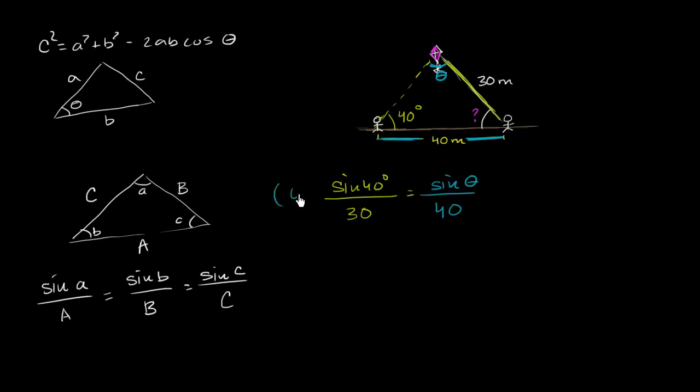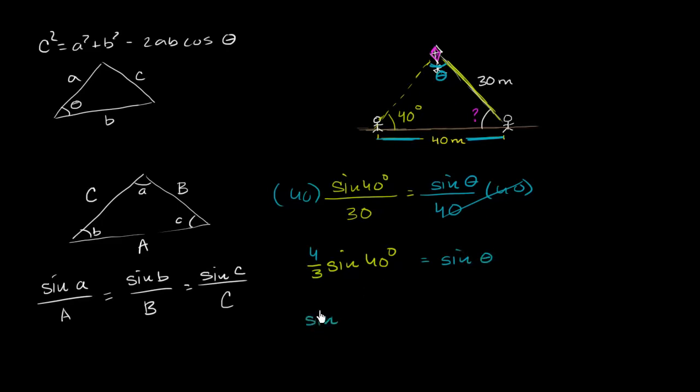Multiplying both sides times 40, you're going to get, let's see, 40 divided by 30 is 4/3. 4/3 sine of 40 degrees is equal to sine of theta. And now to solve for theta, we just have to take the inverse sine of both sides.